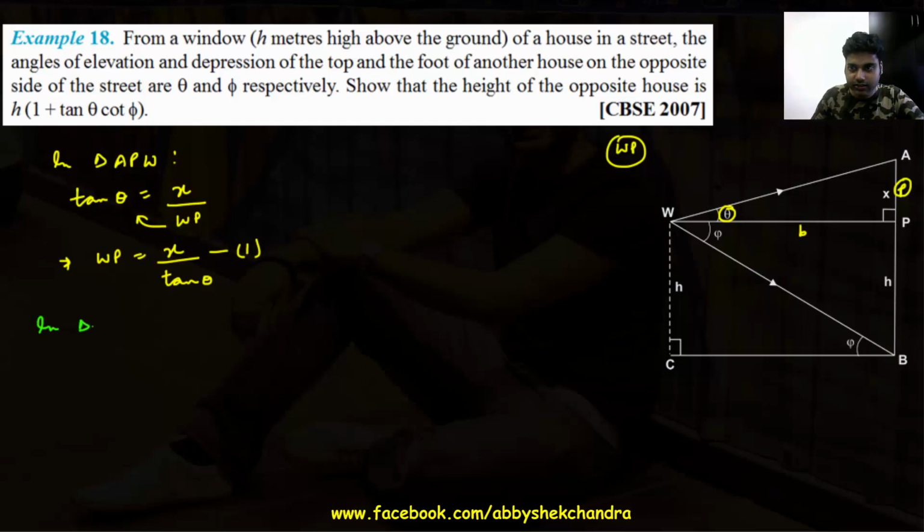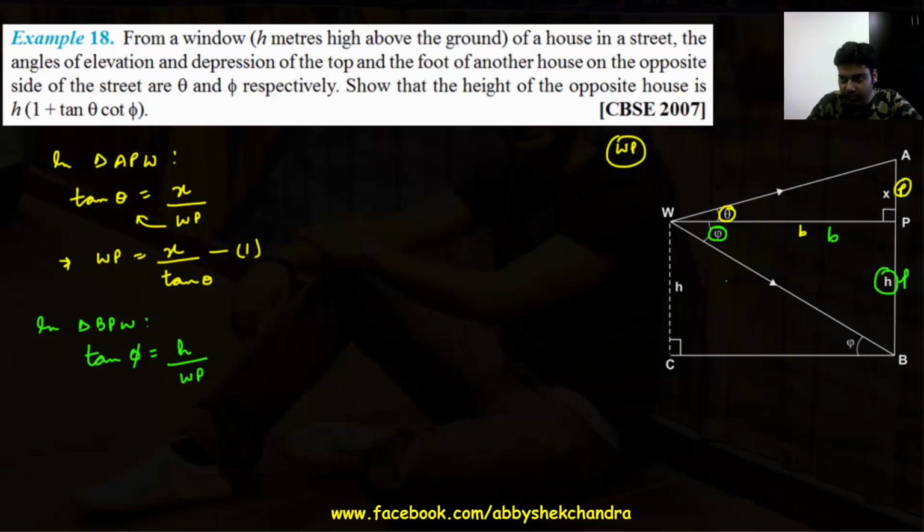In the other right angle triangle, that is triangle BPW, this is the angle given, right? Now with respect to this angle phi, this is the perpendicular and this is the base. So again we are going to use tan. So tan phi equal to perpendicular, which is h, divided by base, that is WP.